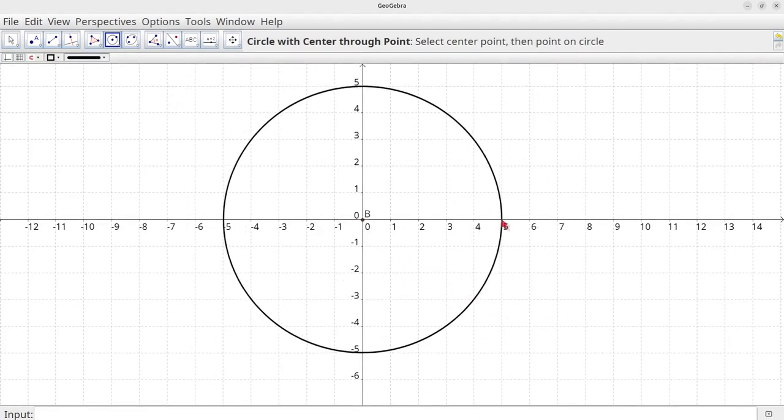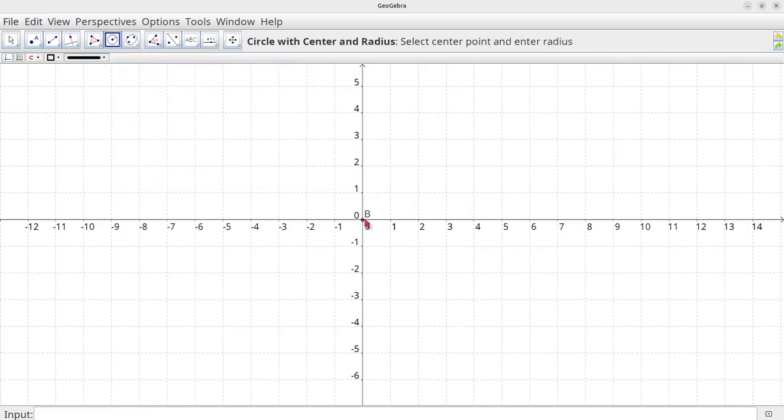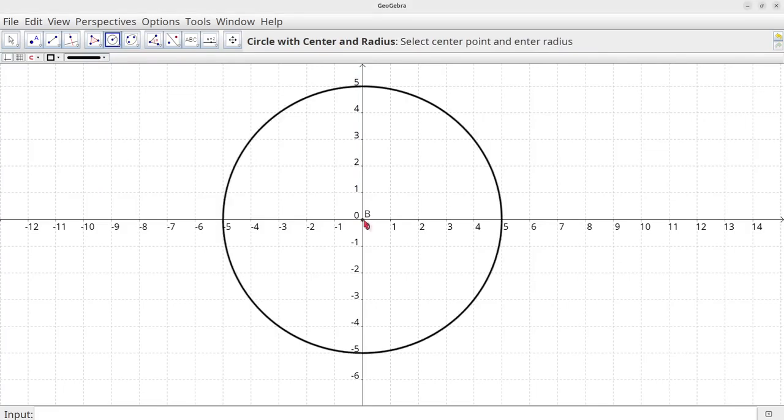Then you must place a point where you want it to go, but that is sometimes not giving you accurate results. Let's go for the second one, whereby we just click the center and then enter the radius. So let's say 5, and boom, that's a circle.